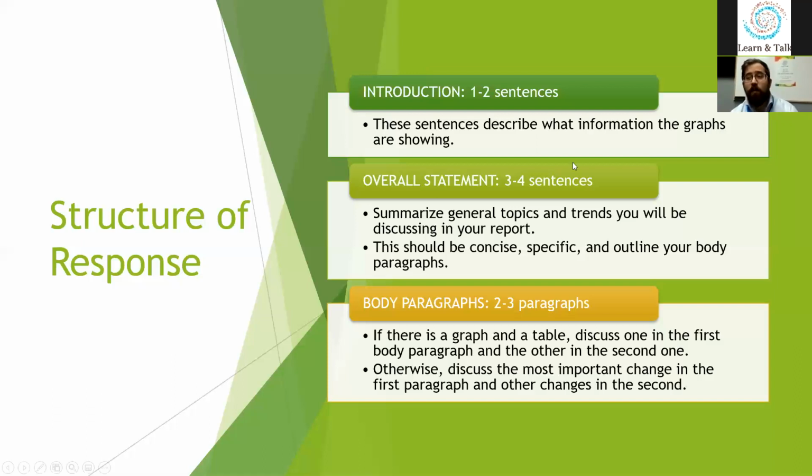Another important distinction is that in your introduction and your overall statements, you're talking about general trends. So generally increases, general decreases, but in your body paragraphs, that's where you give your exact numbers, your exact figures.